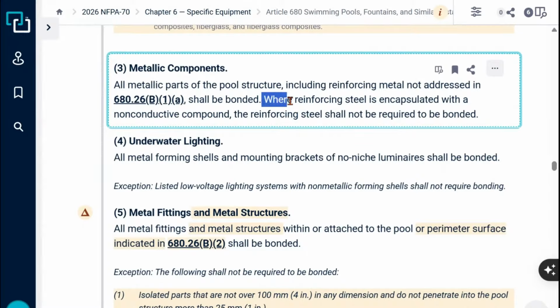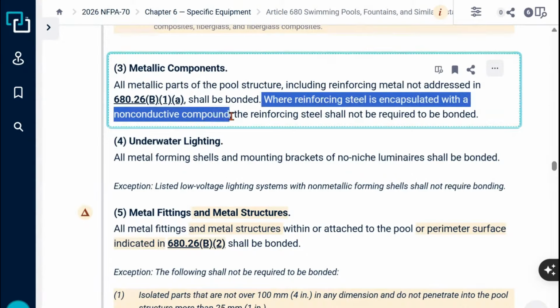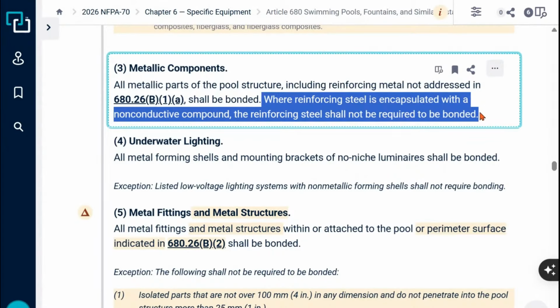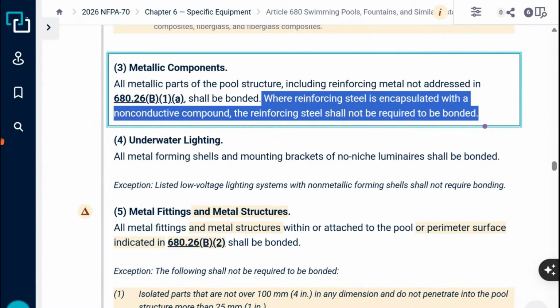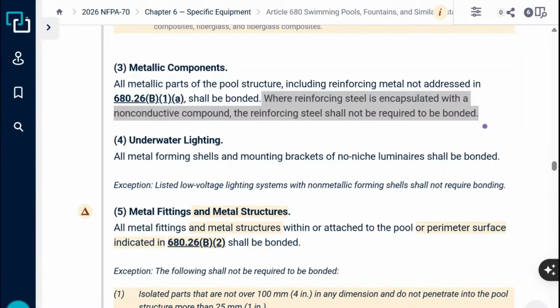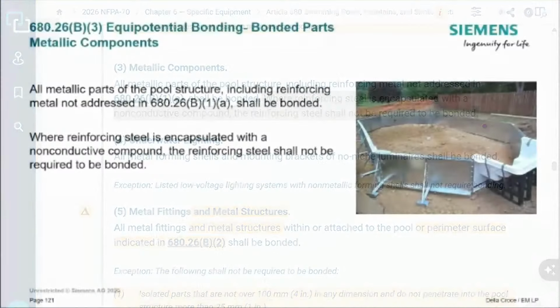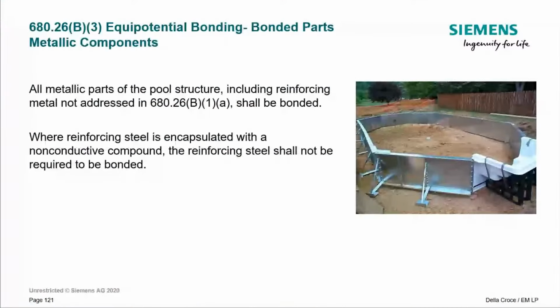And it goes on, where reinforcing steel is encapsulated with a nonconductive compound, the reinforcing steel shall not be required to be bonded. So I guess, Vince, I don't know that they come this way, but if it's all encapsulated, then you wouldn't have to bond any of it?